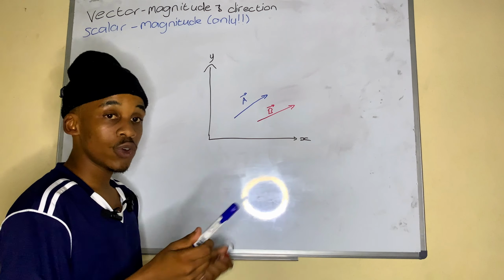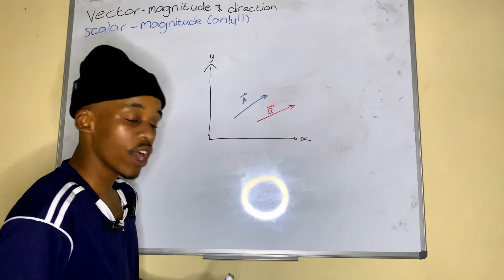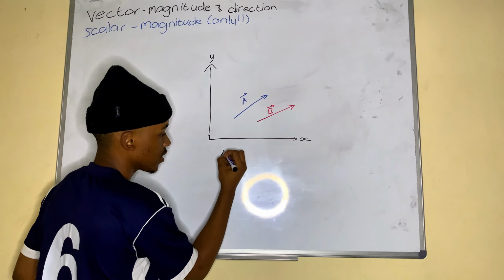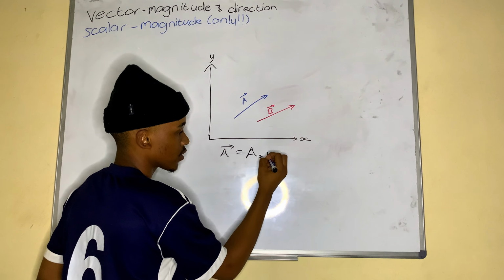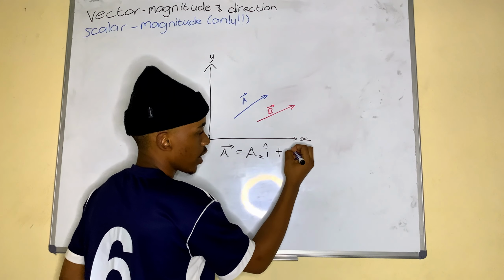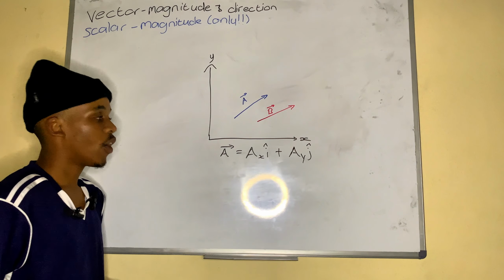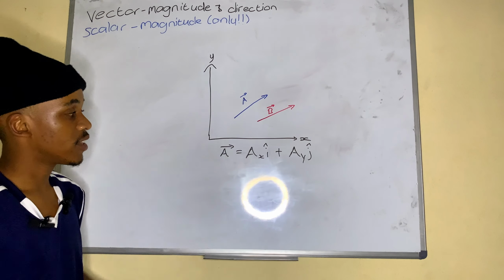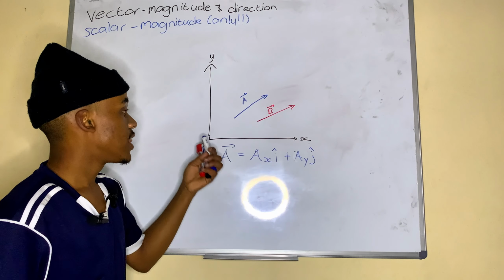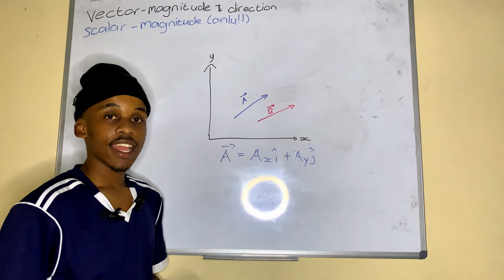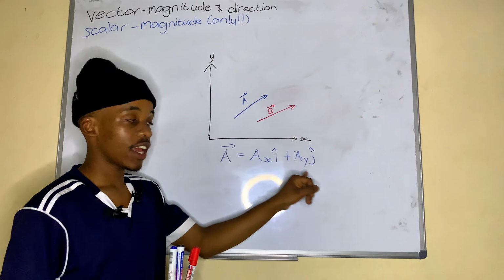So to go to vector addition, or to add these two vectors, as we previously discussed, vector A has an x component and a y component. Same as vector B. In the two-dimensional plane, a vector can have both an x component and a y component.